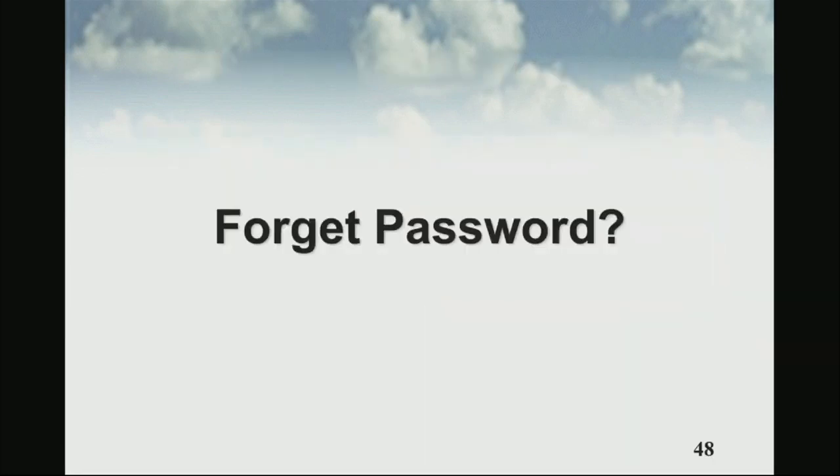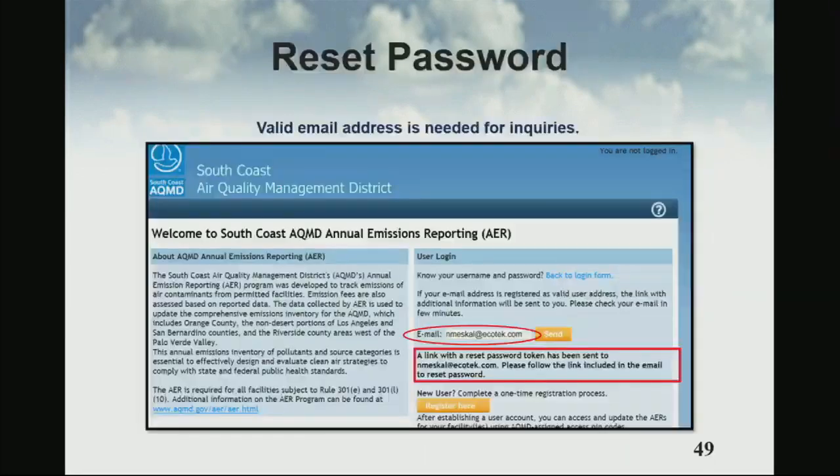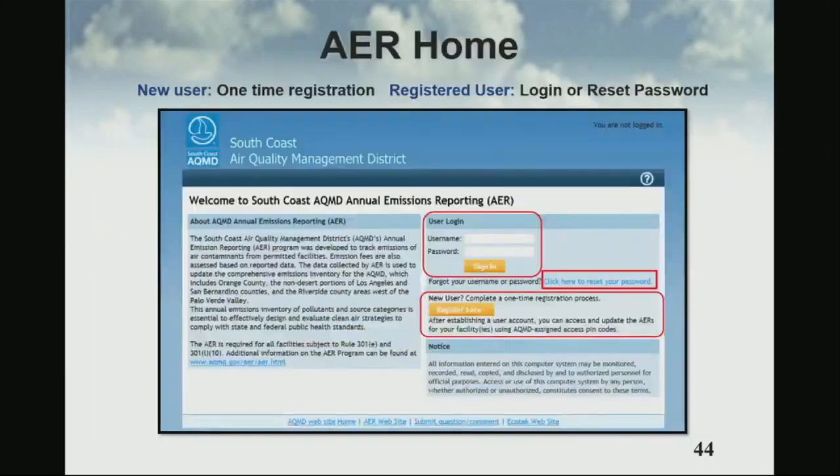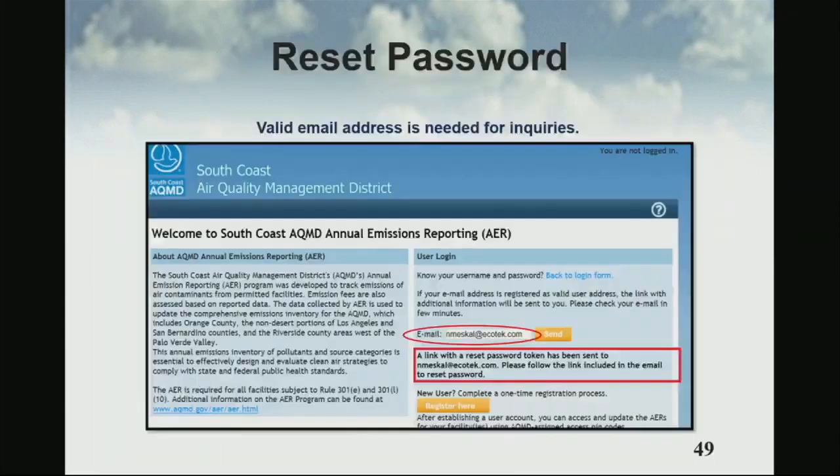If you forget your password, similar to your email account, you can go to the orange button on the first page of the tool, the blue link, Click here to reset your password. Then you need to enter the email address you provided when you created your account, and press send.